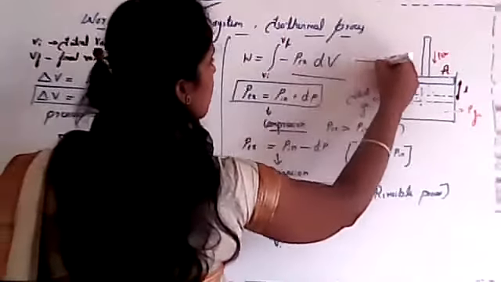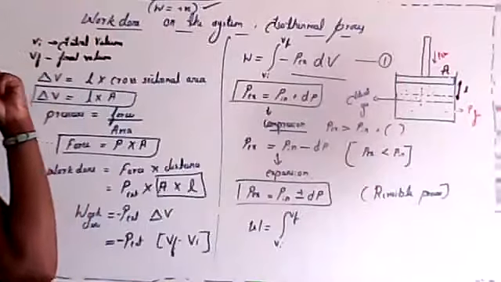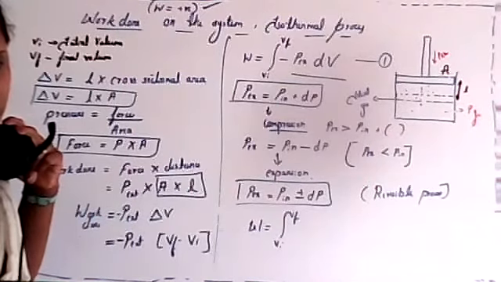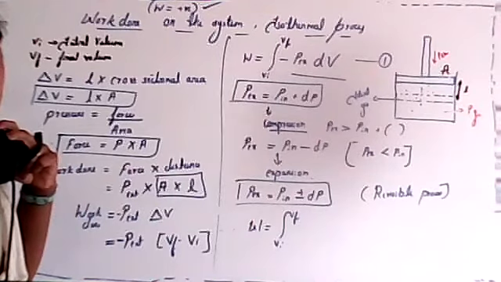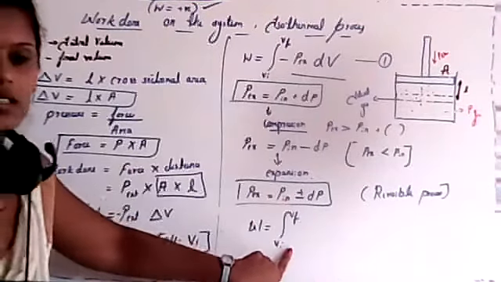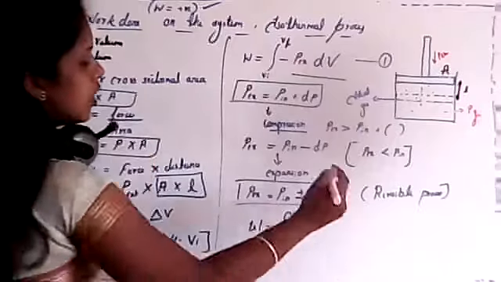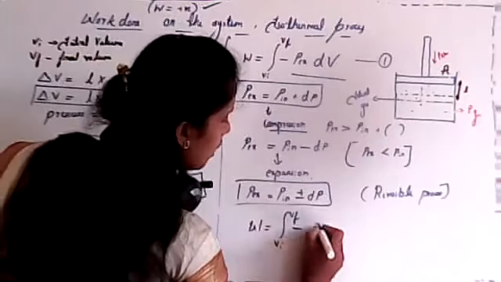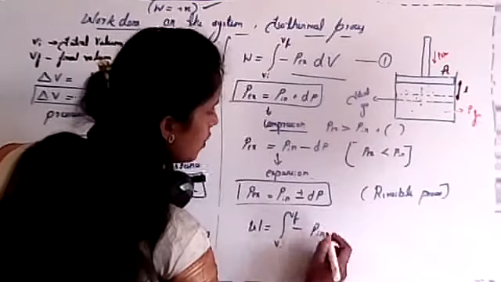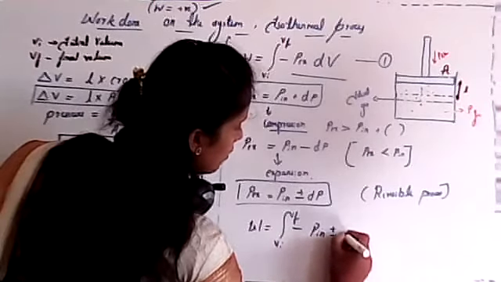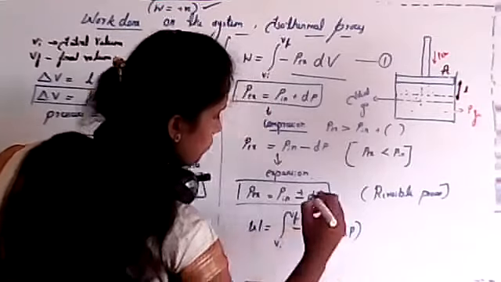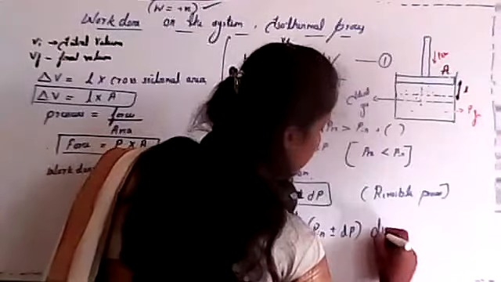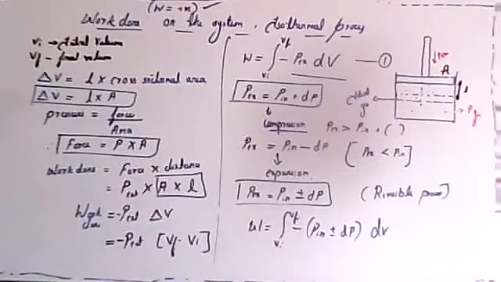For the reversible process, minus P external will be replaced with P internal plus or minus dP, into dV. dV remains as it is.